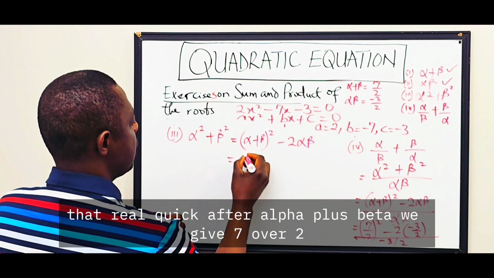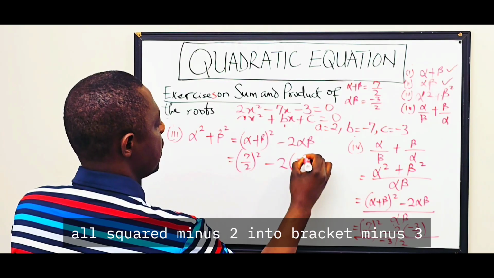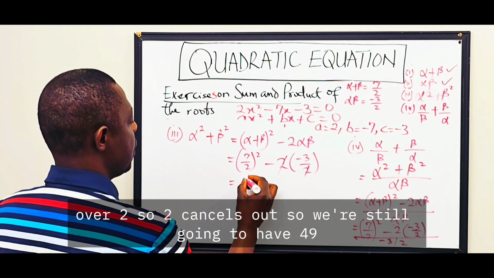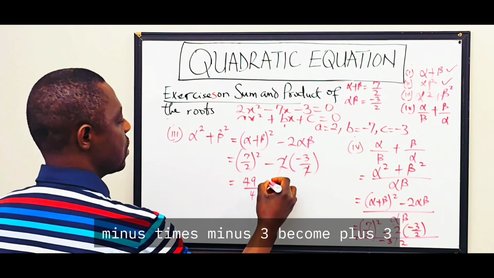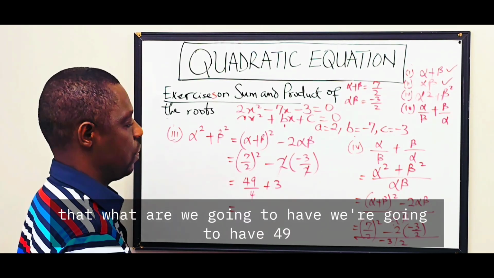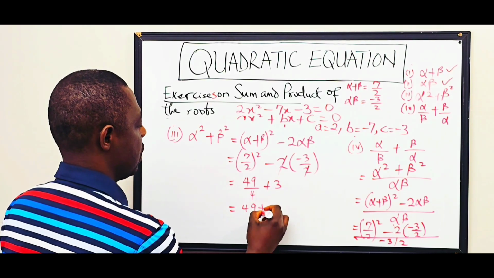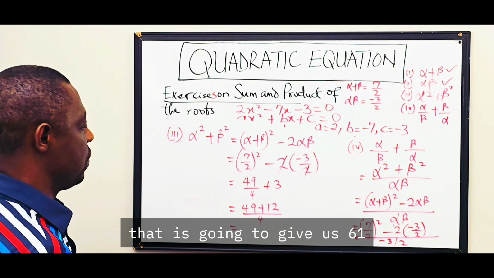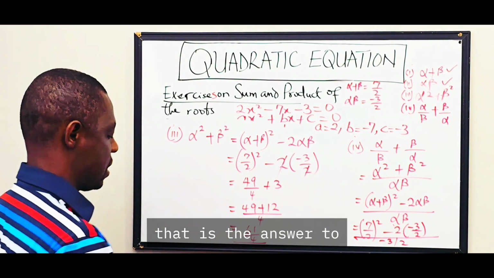Alpha plus beta gives 7 over 2 all squared, minus 2 into bracket minus 3 over 2. So 2 cancels out. So we're still going to have 49 over 4, minus times minus 3 becomes plus 3. And if you look at that, we're going to have 49 plus 12 divided by 4. And the answer to that is going to give us 61 divided by 4. That is the answer to that.